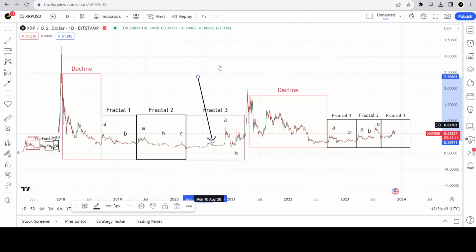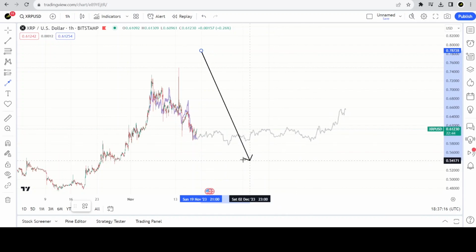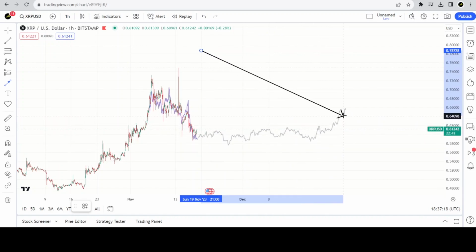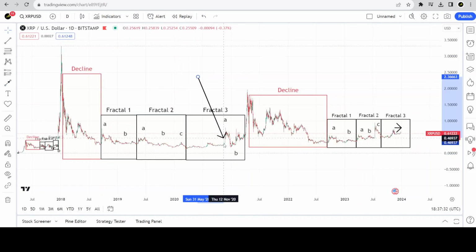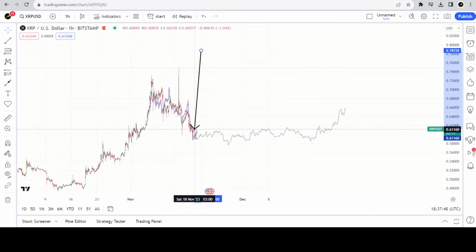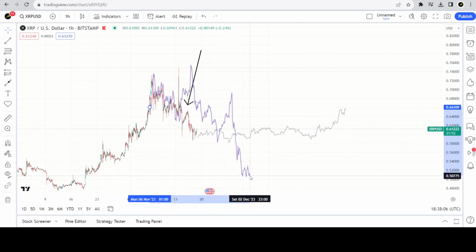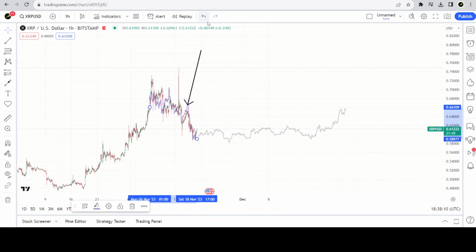So if that is correct, XRP should be moving into this phase now, and this is the beginning of that third wave that brings it to a peak. This wave right here. So as of now, I'm going to assume that we have completed this decline unless convincing evidence begins to emerge that argues for this being a larger iteration of this declining structure.